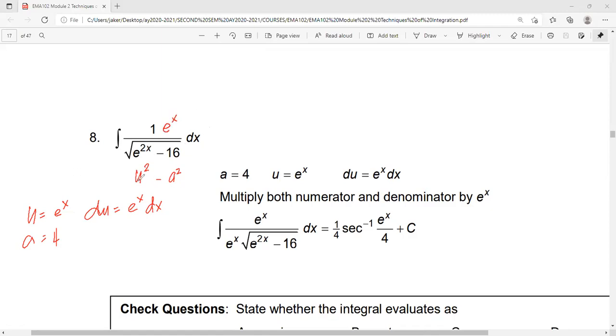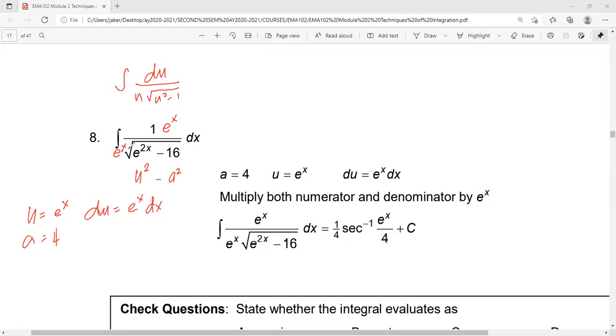We can only have an arcsecant here if the form of the integral is du over u square root of u squared minus a squared. So hallelujah. Why am I saying hallelujah? Because I cannot introduce here e raised to x without writing here e raised to x.